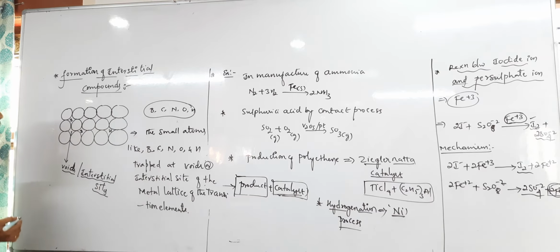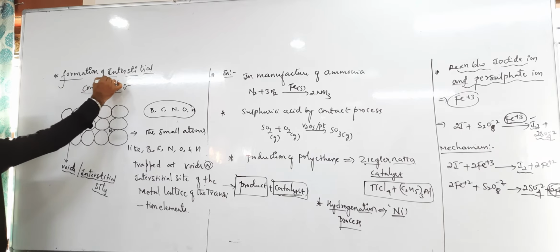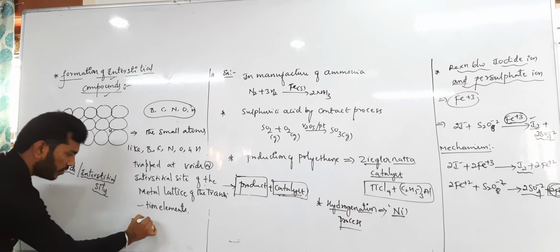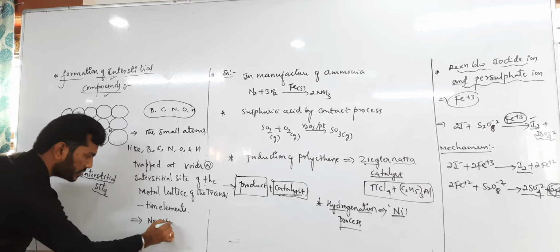Okay, so the compound that is being formed here we can call an interstitial compound. So oftentimes we can call it a non-stoichiometric compound.